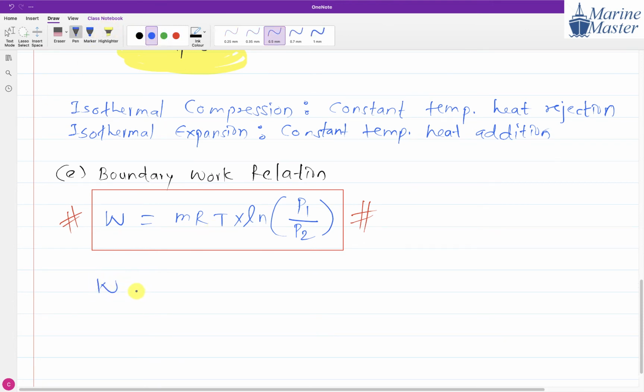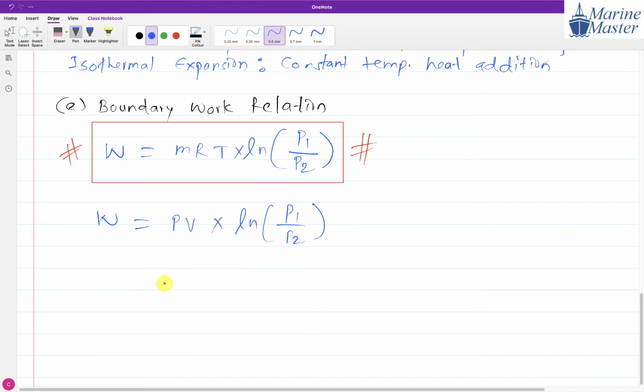See, instead of mRT, can we write PV? Yes. So PV ln(P1/P2). Then, we have seen in the equation of state that for an isothermal process P1V1 equals P2V2. So P1 by P2 we can write as V2 by V1.